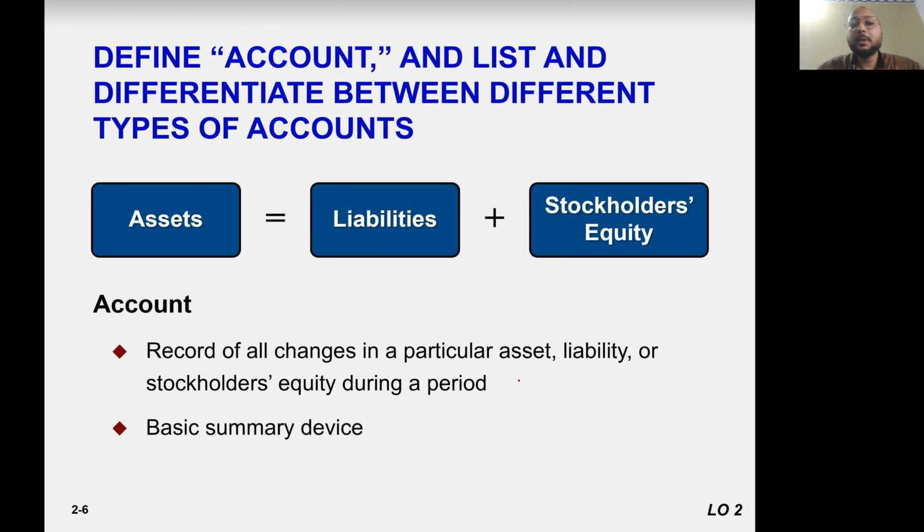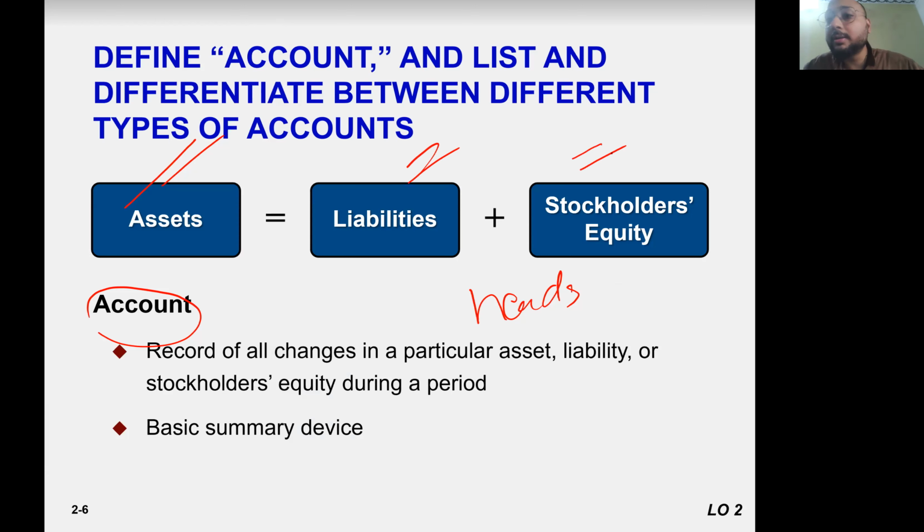Accounts means the heads or titles that we allocate to our assets, to our liabilities, to our stockholder equity. For example, in assets, cash is an account. So all the cash or cash equivalents transactions must go to the cash account, whether this is banking, checks, or received currencies. All the things will be recorded in cash account.